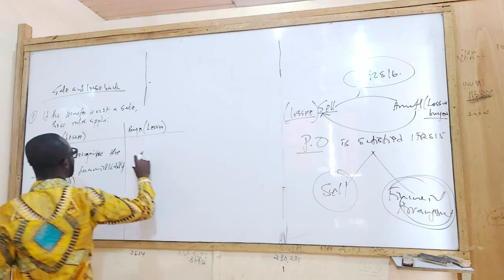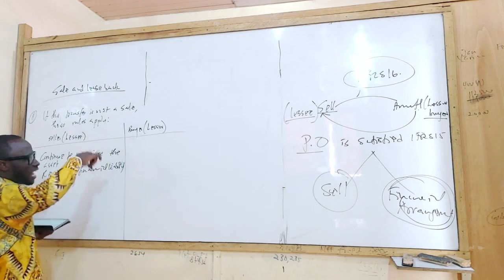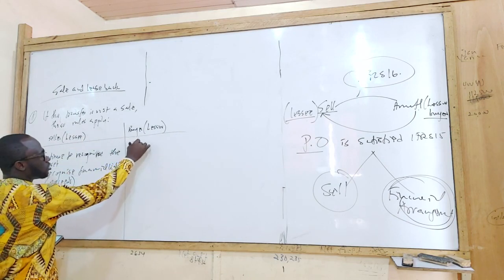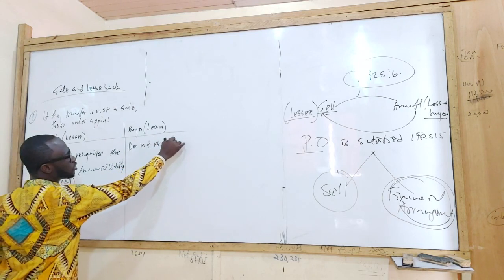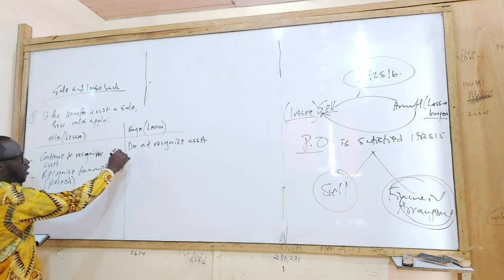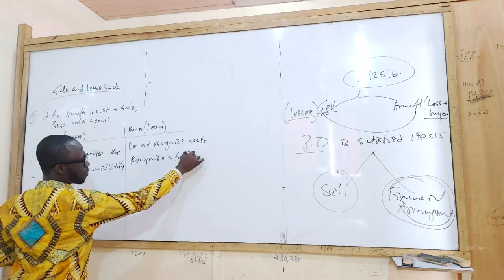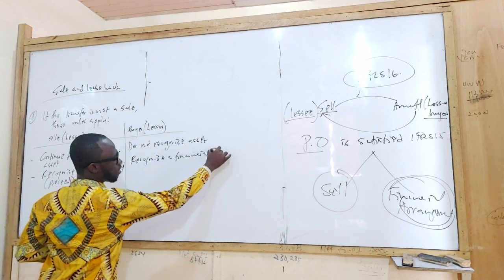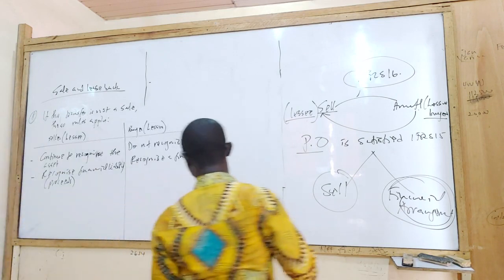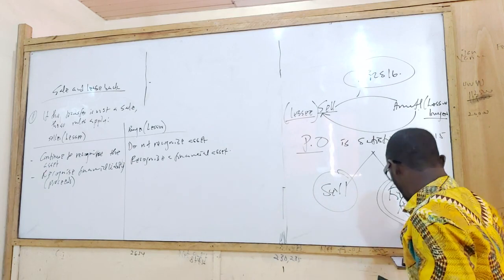Since it is a financial arrangement, the buyer, not that he has bought it, but we see him as the buyer now, does not recognize any asset because he doesn't have ownership. The only thing he recognizes is a financial asset. I hope you get the difference. So if it is not a sale, it is a financial arrangement.